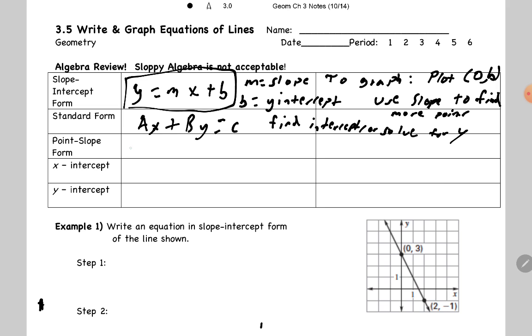That's when they give you a point. So y minus my y coordinate equals my slope times x minus my x coordinate. And ultimately, you change this into y equals mx plus b form.